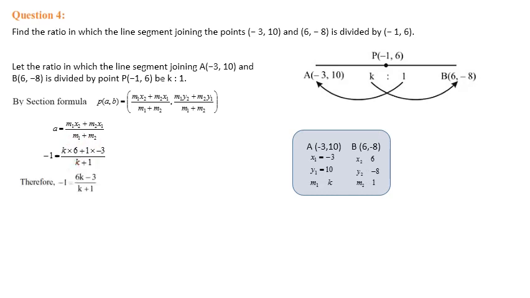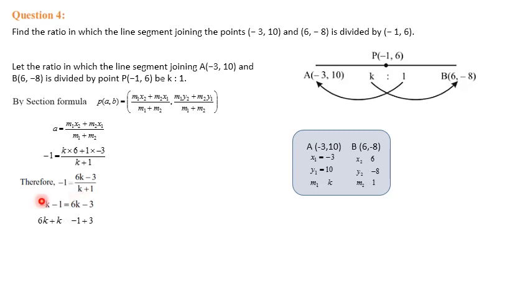Next, -1 is equal to 6 into k, that is 6k, plus 1 into -3, that is -3, by k plus 1. Cross multiply it, (k plus 1) into -1, that is -k minus 1, equal to 6k minus 3. Next, bring the variables to one side.